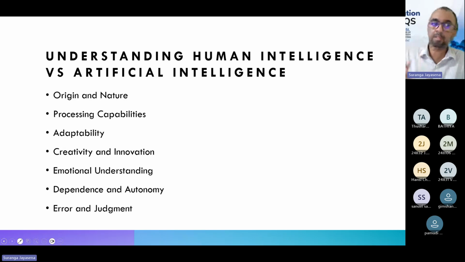So the AI systems are trained on data, right? So within that, they can adjust themselves to suit the scenario. Okay, but humans can adapt to a wide range of situations, right? And they can learn from minimal data and apply knowledge creatively across different contexts.